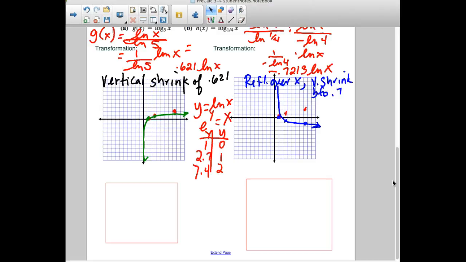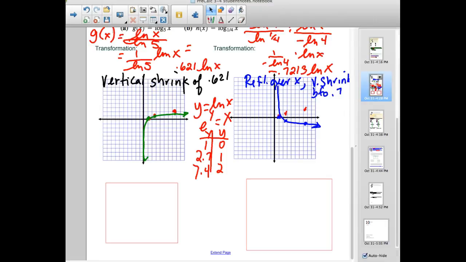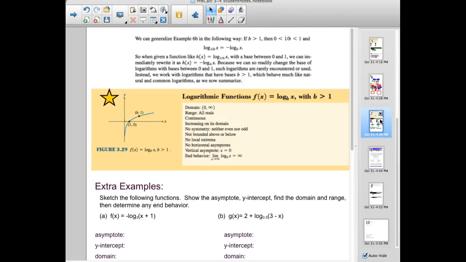Okay? So really any base, the log using any base, could be converted into some kind of vertical stretch or shrink or reflection of a natural log curve. All right.